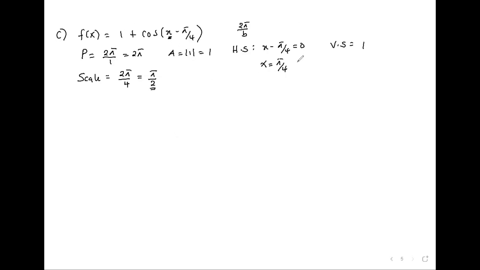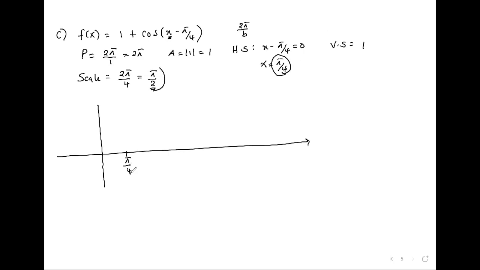Okay, then now we sketch. We have this as pi over 4, the first shift. So it starts from there. And then I have the scale to add to the first shift. So I'm adding now pi over 2 plus pi over 4.